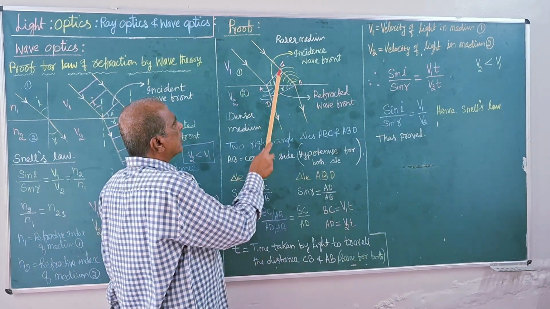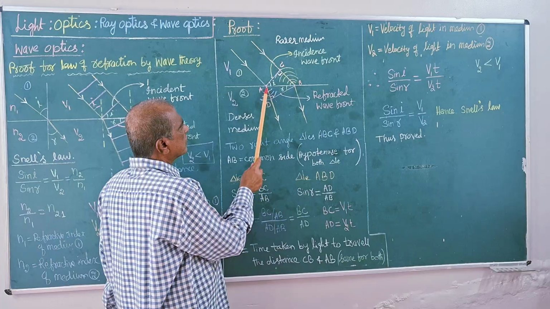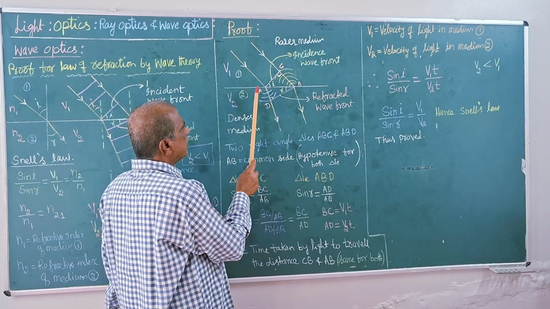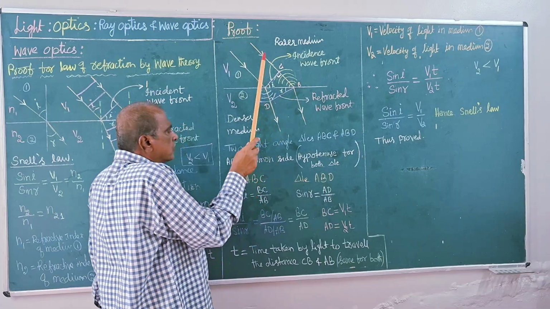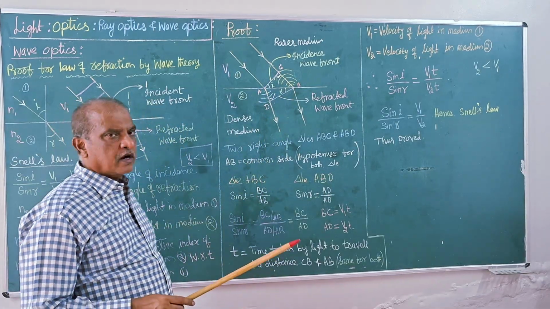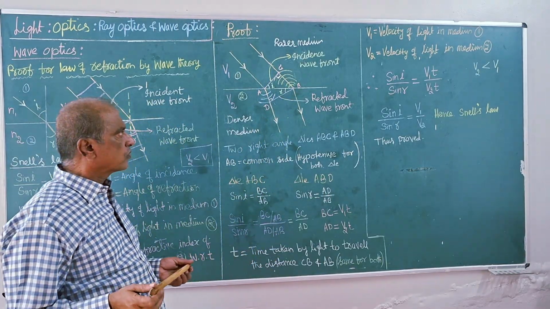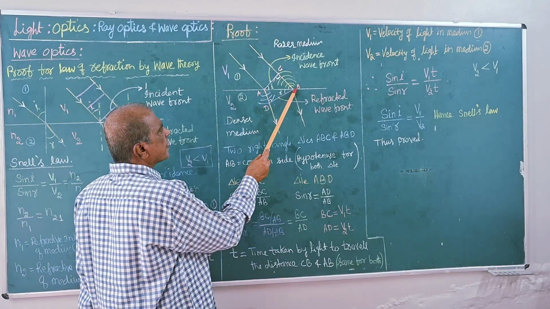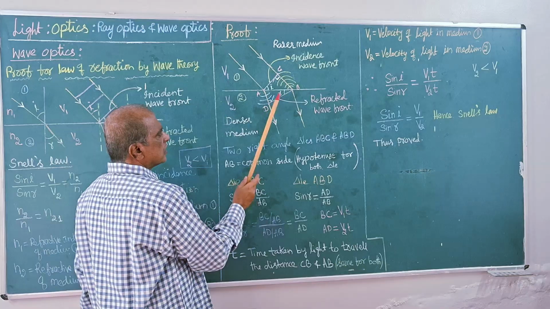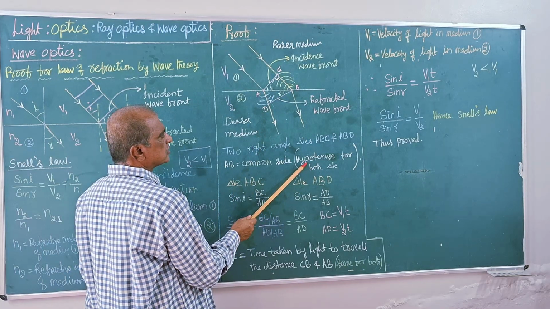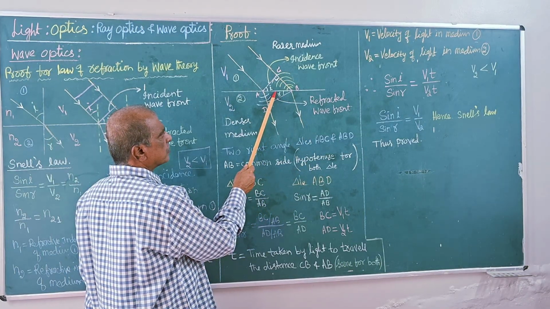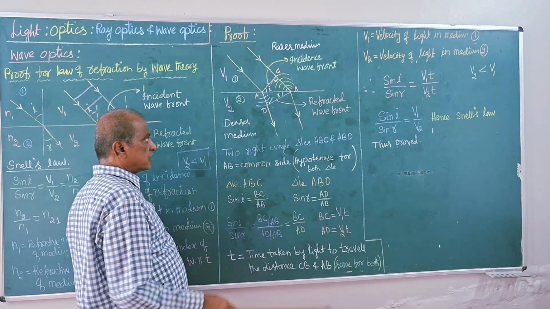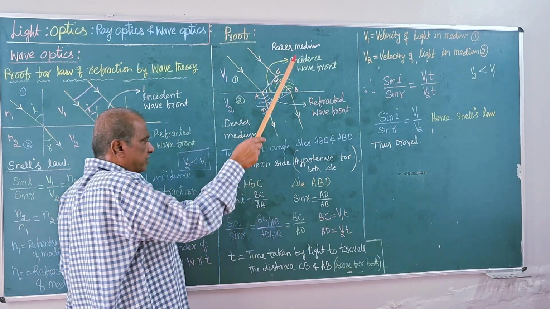And one more triangle, ABD, again a right angle triangle. ABC and ABD, two right angle triangles. AB is a common side for both triangles, and also a common hypotenuse. This angle is 90 degrees, and this is 90 degrees.